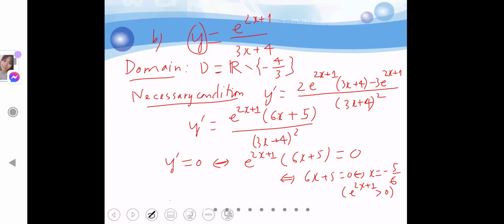So because y prime equal this equation, and because the exponential function e power 2x plus 1 is always positive and the denominator is a square, y prime only depends on 6x plus 5, a linear function.